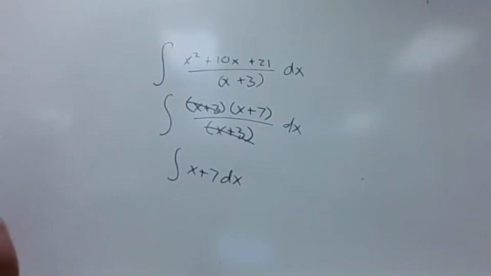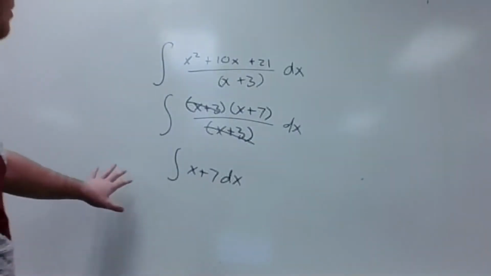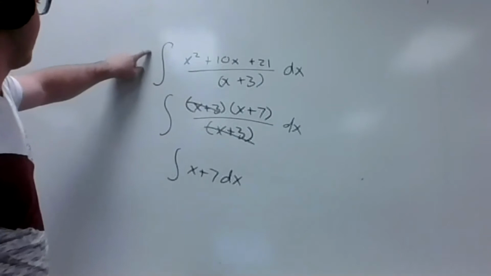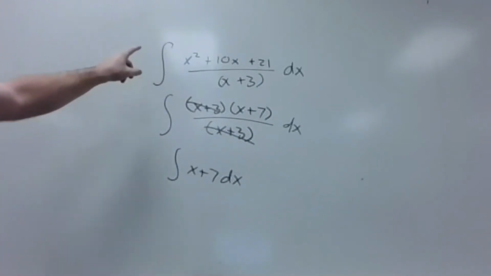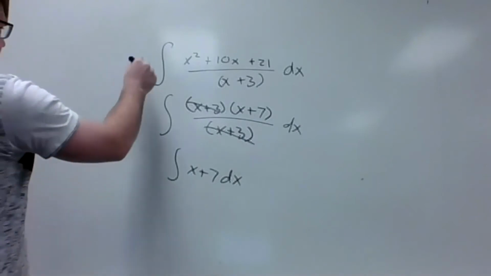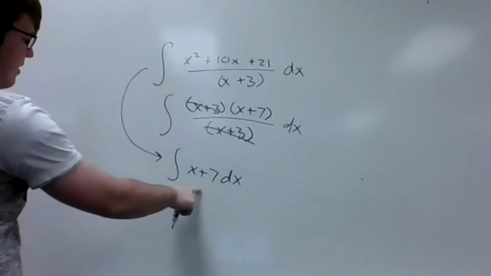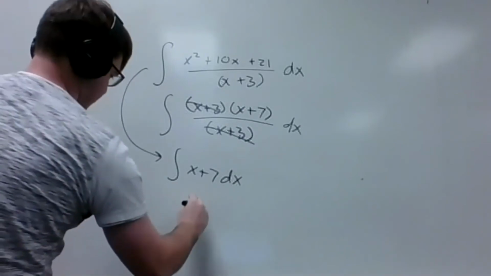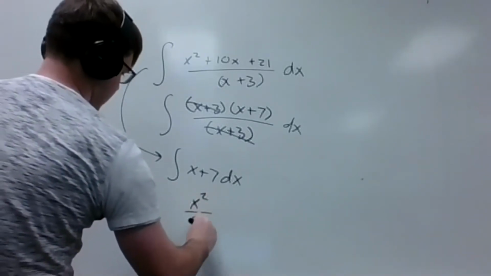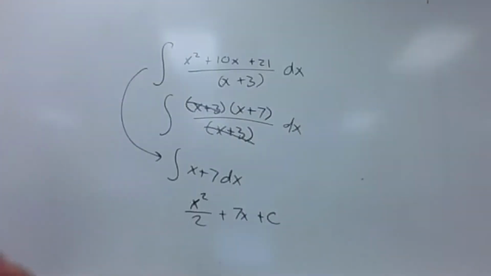And then this becomes a much simpler problem than it was before. So up here, it's really complicated. Maybe if you did a u sub, it would be kind of hard. But then if we simplify it, we can get it to a much more manageable place. And then to finish this off, we just do the power rule. And that would be our answer.